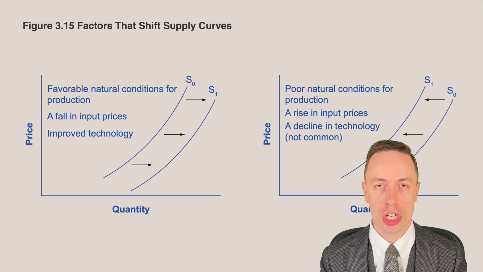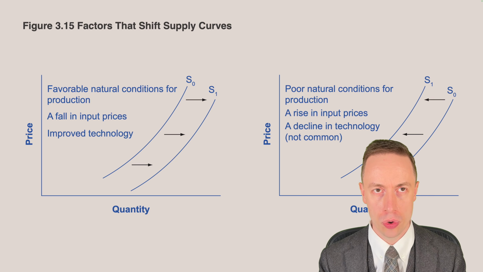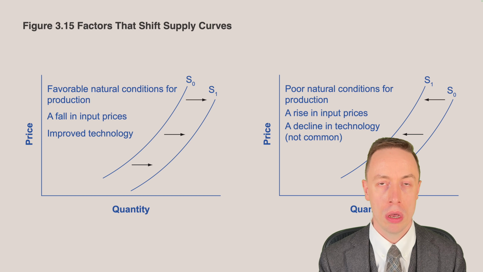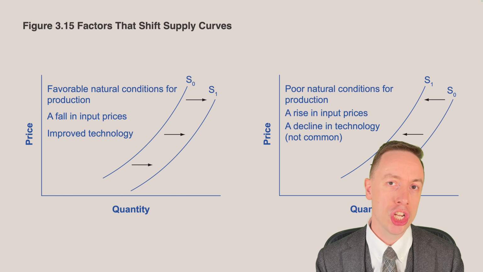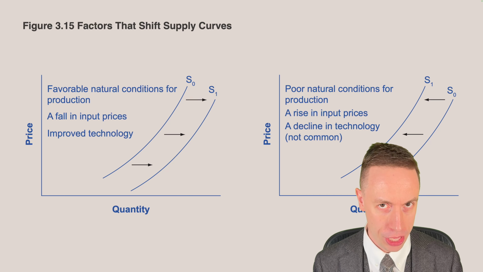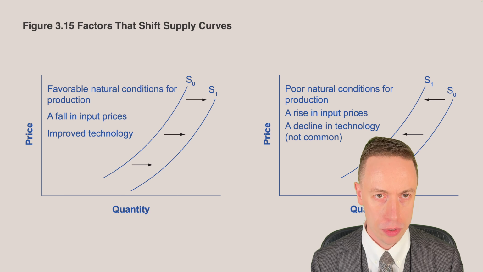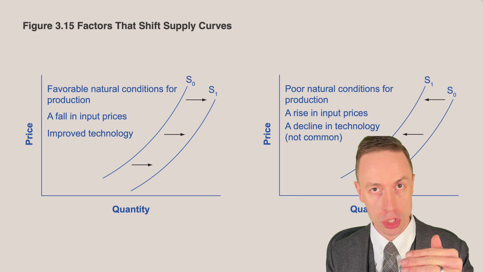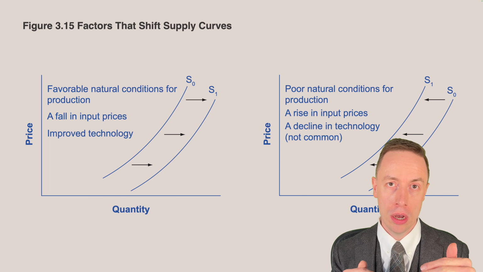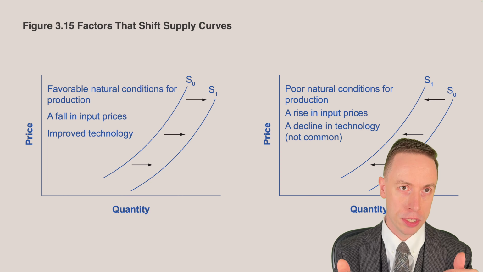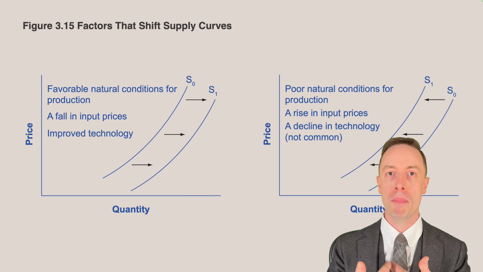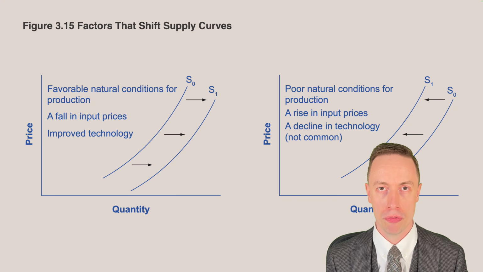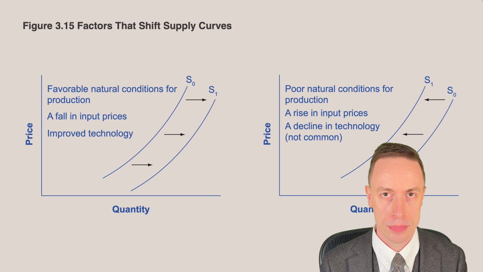A change in technology refers to, assuming those input prices are the same, ceteris paribus, is there a change in how much of the input we need? So an improvement in technology means we need less of the input. A fall in input prices means for the same input, we're paying less price per unit. Both of those improve our cost of production.